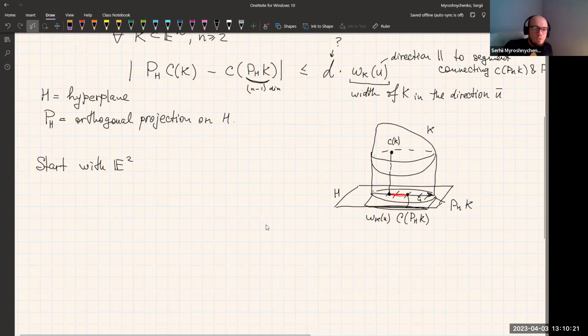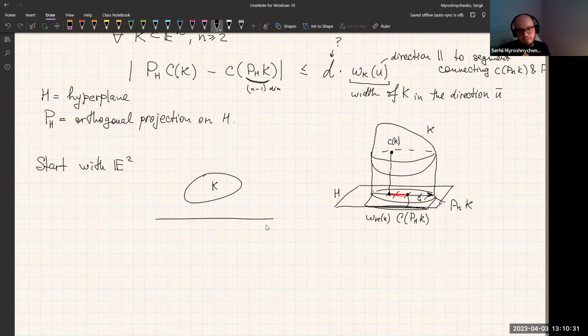All right, so in the 2-dimensional case, our convex body maybe looks something like this. This is our K, and I'm projecting it, of course, on a line. The first thing I'm going to do is look at this width over here, and without loss of generality, I can scale it and make it of length 1.